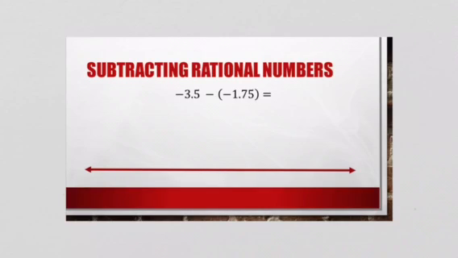Now it's a little bit different with decimals. Different because I think it's easier. So if we start at 0 and we head to negative 3.5, then it says to take away the negative. So we'll be heading back in the positive direction, 1.75. Will we get to 0?